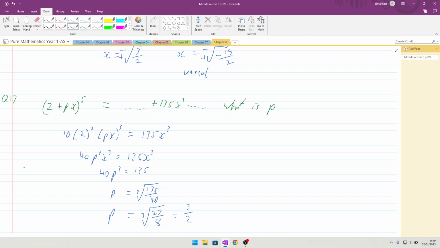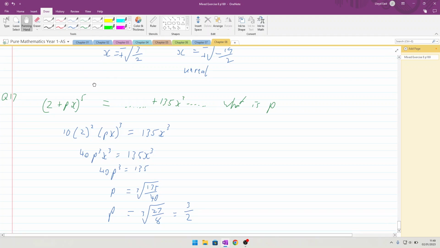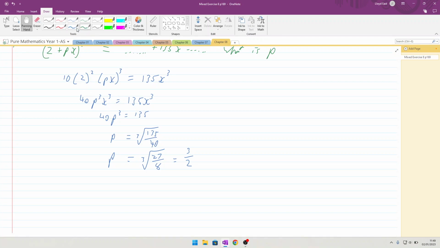Okay, and then they want us to find the value of the coefficient of x to the power 4. So x to the power 4, coming from that Pascal triangle of 1, 5, 10, 10, 5, 1. We've just had that one for the x cubed number, so this is the x to the 4 number.